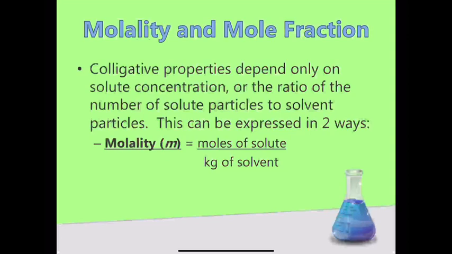The first way is a measure called molality, all right? Molality is not the same thing as molarity, okay? Remember, molarity is the moles of solute per liter of solution, okay? Molality is the moles of solute per kilogram of solvent, okay? So these are different.